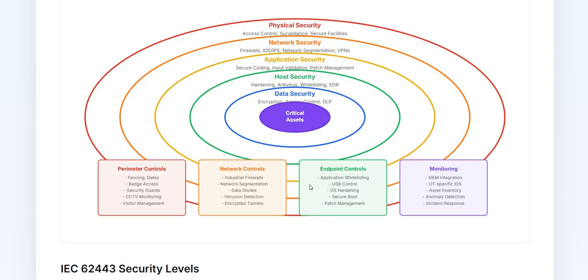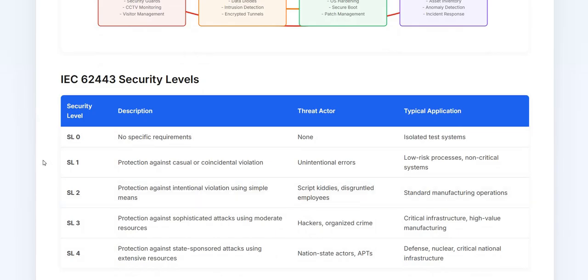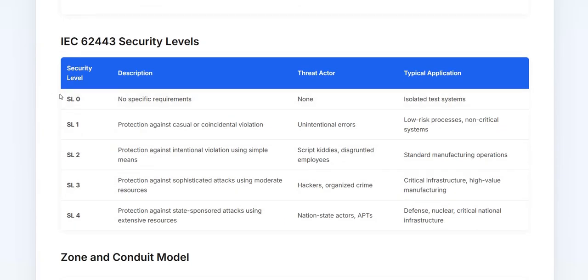Okay, and what are security levels here? Now, IEC 62443 defines how much resistance a system is expected to provide against different kinds of threats.